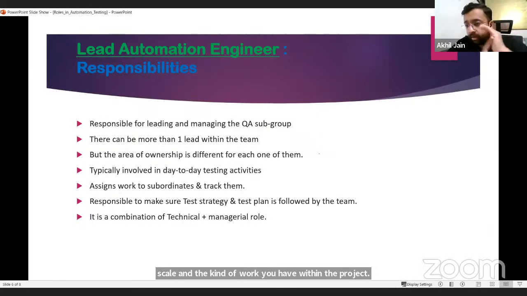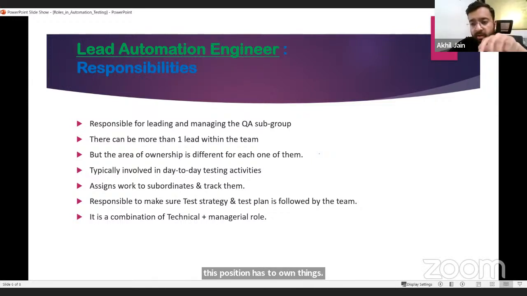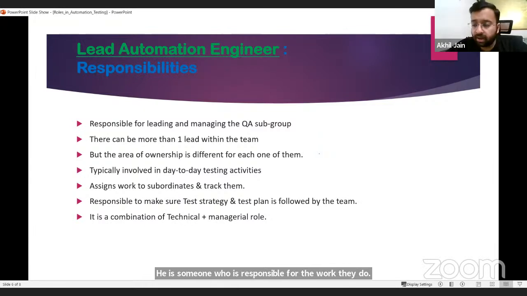But again, the person sitting in this position has to own things. If there are two senior engineers under him, or he looks after a subgroup of QA members, he is responsible for the work they do. So there is a next level of check, which comes from the lead engineers, who need to make sure that all QA processes, test strategies, and test plans are being followed within the team.